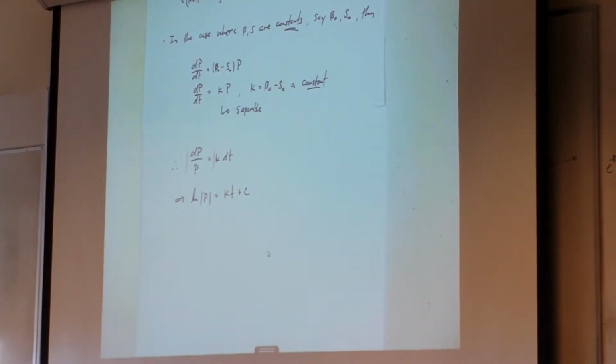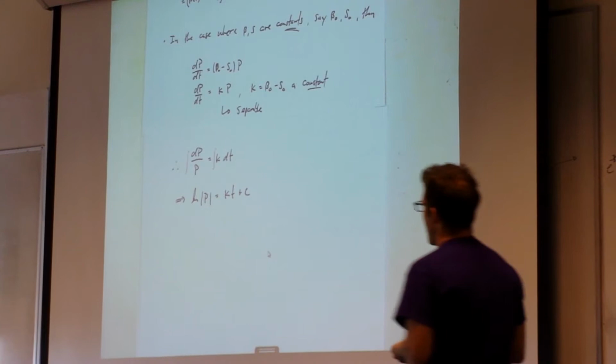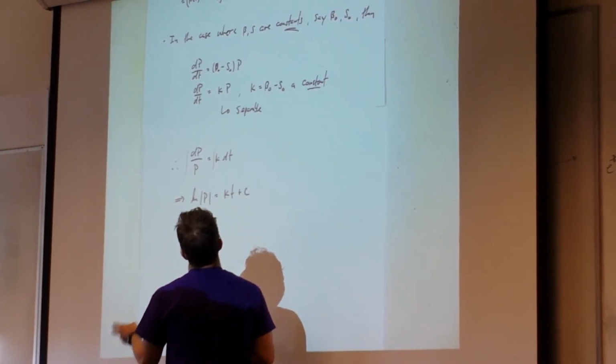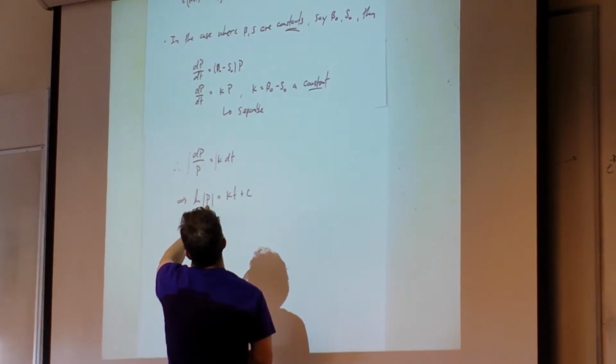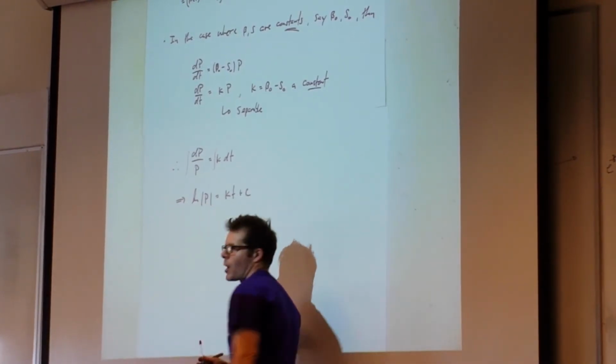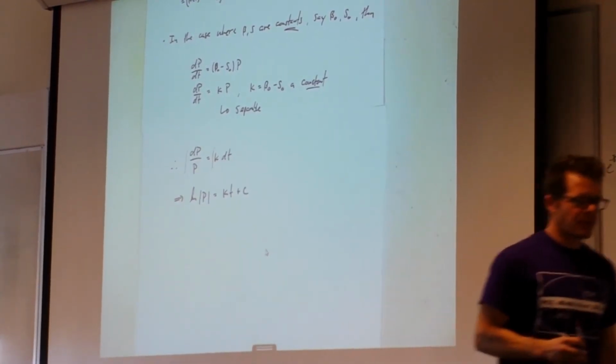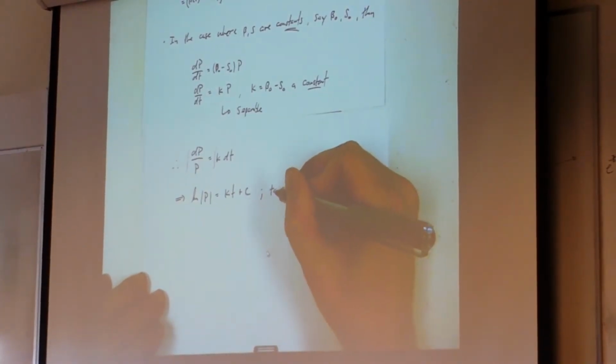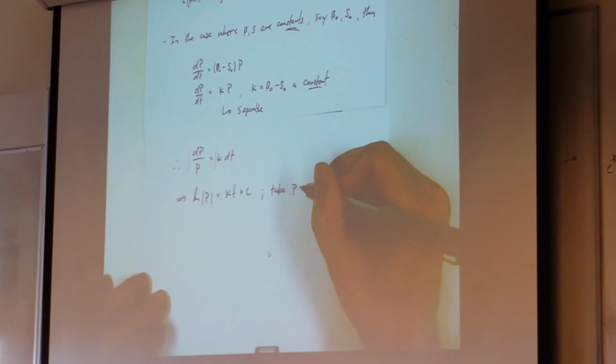Now, tell me about this. If this represents an actual population, whether it's people, organisms, bacteria, whatever, we can assume one thing about P: that it's non-negative.